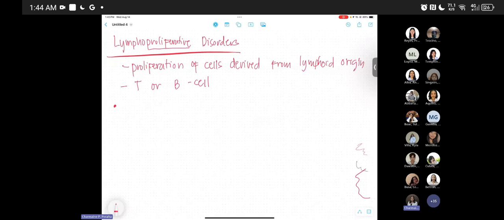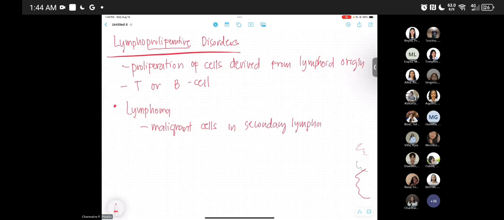One example of secondary lymphoid organ is lymph nodes. So ang lymphoma, ang affected na organ dito is sa lymph nodes. Sa lymphoma, merong malignant cells in secondary lymphoid organ.